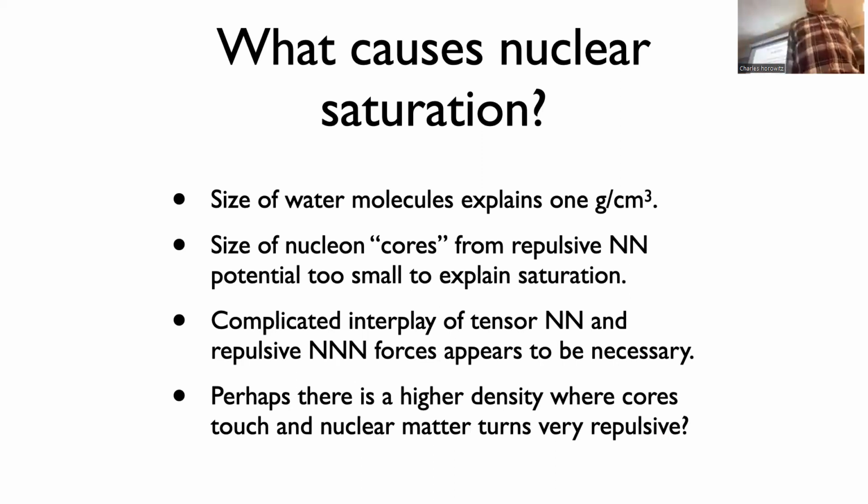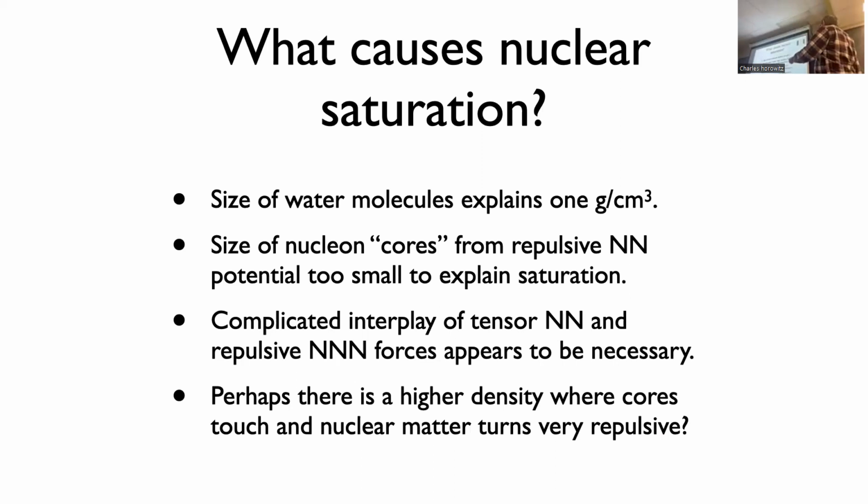But the size of nucleons, there's maybe another scale in the problem. And if you had a way of squeezing nuclear matter to even higher densities, at some point you might find this scale where the cores actually touched. And then nuclear matter could become really strongly repulsive.